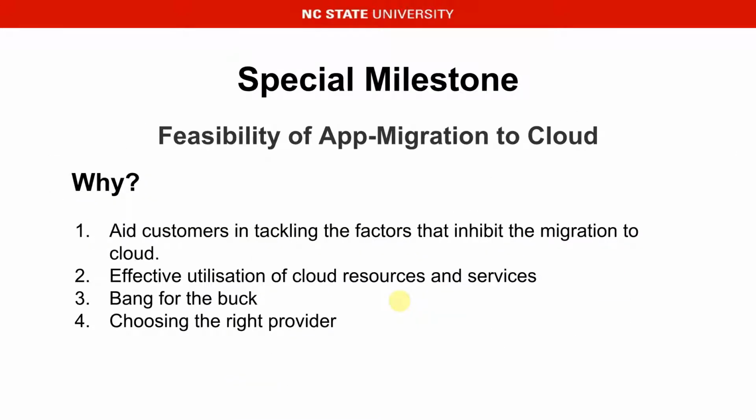Now, moving on to the final special milestone, I would like to shift the focus onto the customers who would use our DevOps pipeline to deploy their application to the cloud. But before they do that, they need to be aware of various factors of the app that might inhibit their move to the cloud. These factors would result in the ineffective utilization of resources.